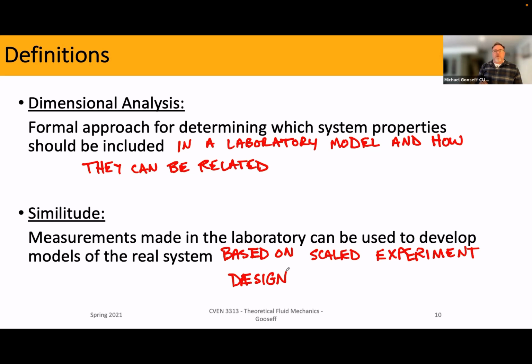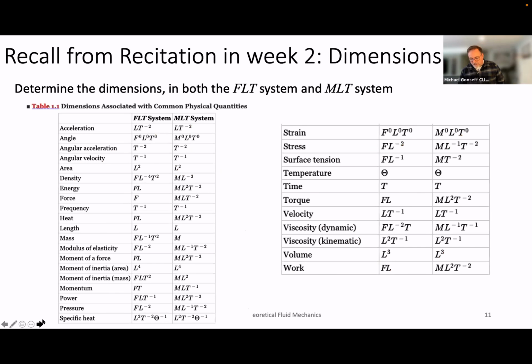But before I do, I just want to remind you, going back to your book, table 1.1, the very first table in chapter 1 looked like this. And I cut it in half so I could fit it all on here, but you get the idea. Remember that we have the FLT system and we also have the MLT system, right? So if we're looking for density, note that density in force is force per length to the fourth times time squared.